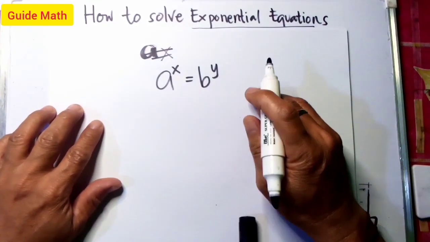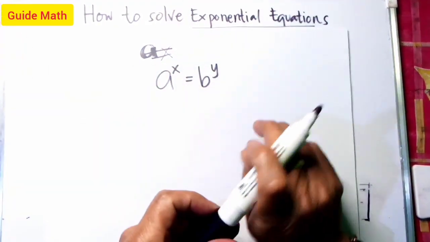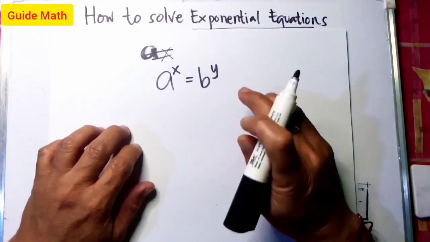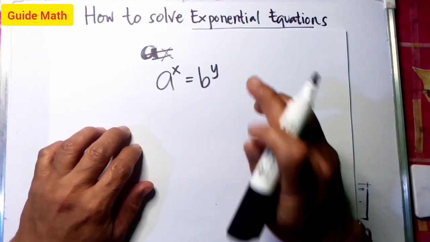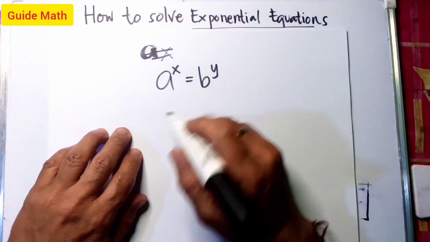So in order for us to solve the exponential equations with same base, dapat magkapareho yung base nila. Then we have to use the property of equality of exponential functions. Suppose that b is a positive number other than 1.